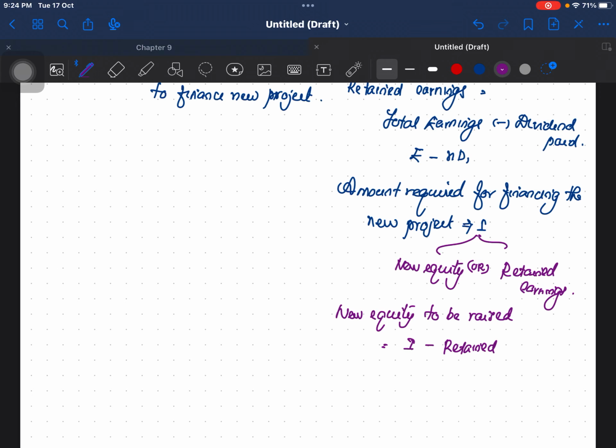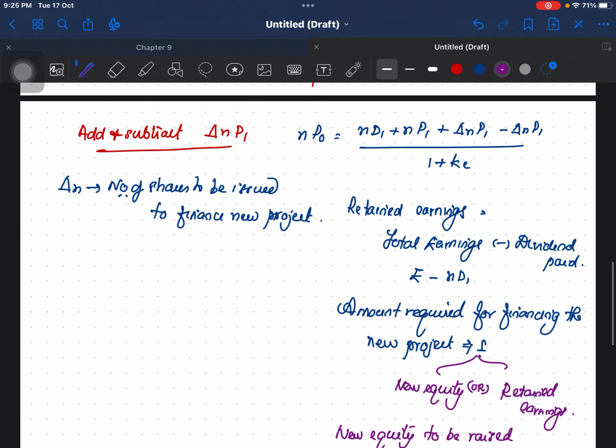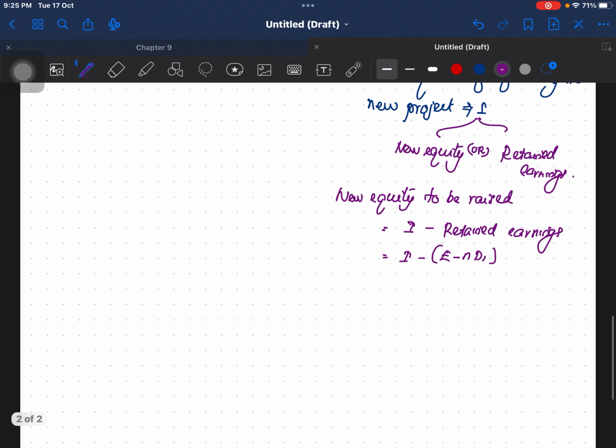If you need 2 lakh rupees for financing your project and you already have retained earnings of 1 lakh, only the balance 1 lakh you need to raise additionally by issuing equity shares. So this is I minus retained earnings, that is equal to I minus E minus nD1. If you see the formula, this is the new equity to be raised.